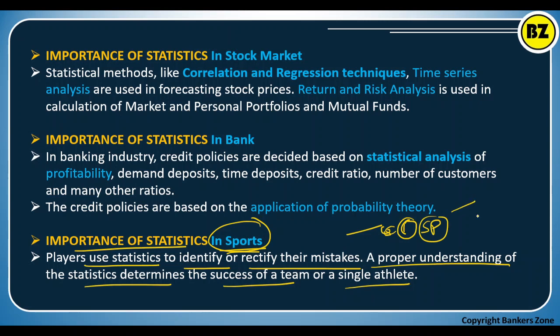What is the speed of the ball? How much should you stroke? At what angle should you make the stroke to a speedy ball or a spinner ball? So there are different analyses, and based on that analysis it can be a good decision, and it can win you the games. So basically we have to note that in sports also statistics is important.